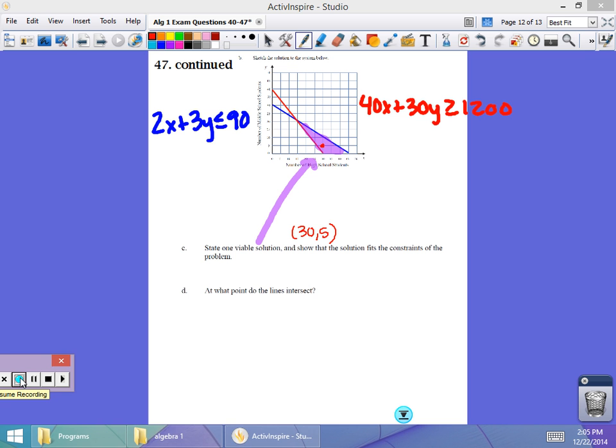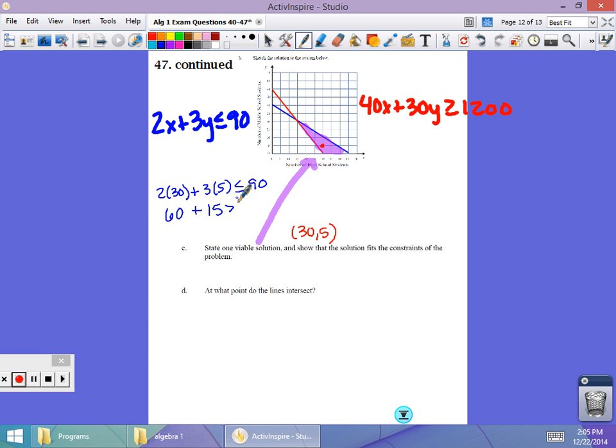Plug that in. I'm going to plug it in up top here. 2 times 30 plus 3 times 5 less than or equal to 90. 2 times 30 is 60. 3 times 5 is 15. 60 plus 15 is 75. And 75 is less than 90.